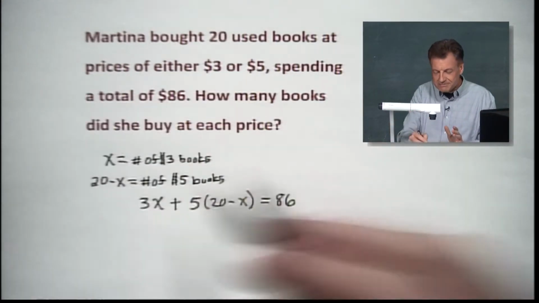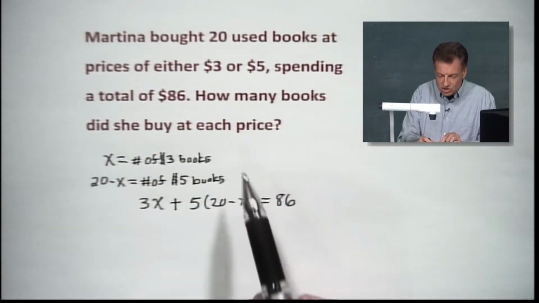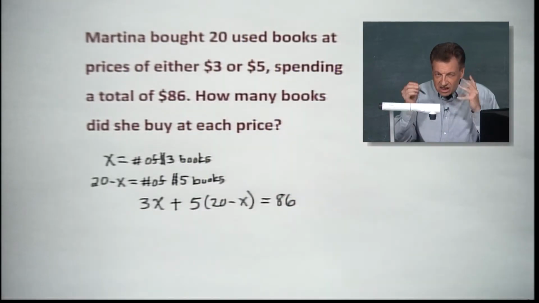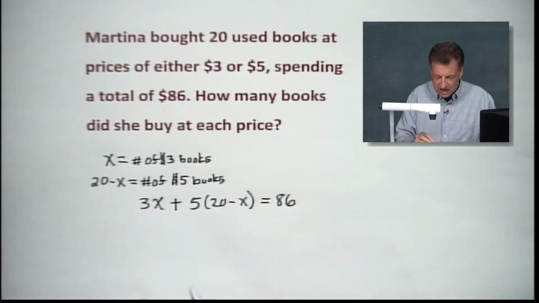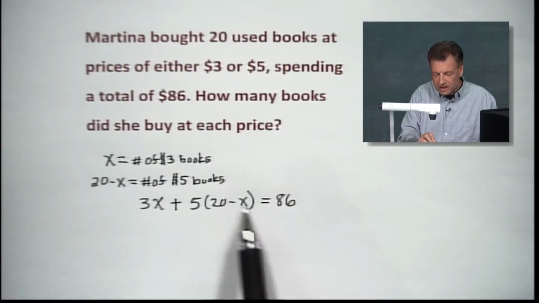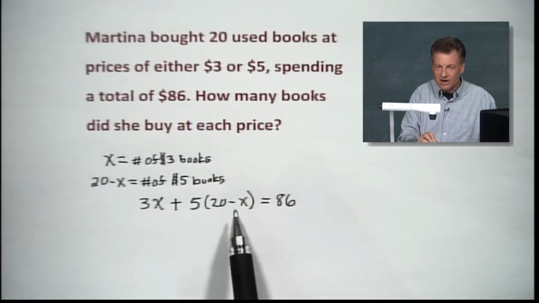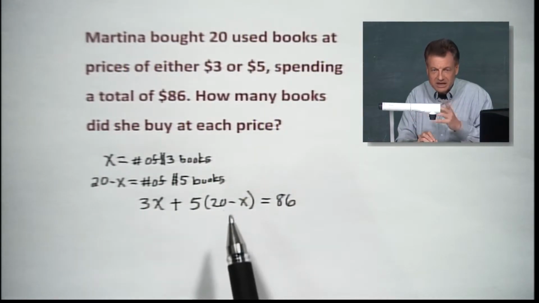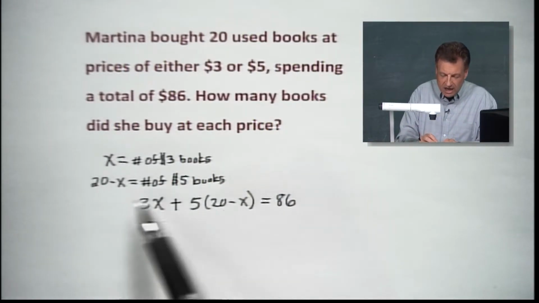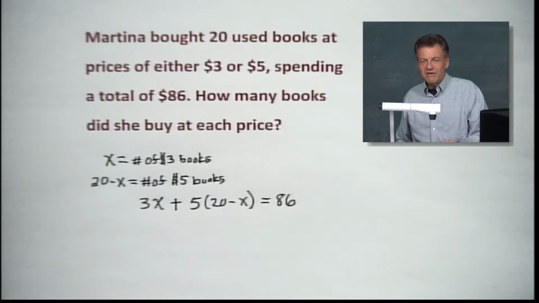Don't let these things be scary to you. There's usually some nice way to think logically about how the pieces fit together. Here it's cost plus cost gives you cost, and we've already set up the x, and that 20 minus x is the key feature that lets us name the $5 books.